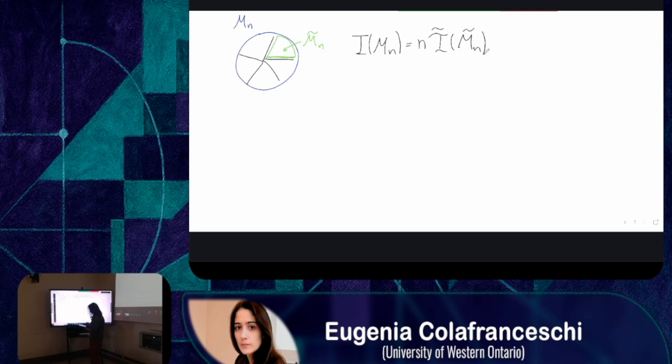But note the following: when we write the full action as n times some action for a single slice, this cannot actually be just the Einstein-Hilbert action. Why? Because the Einstein-Hilbert action is 1 over 16 pi G, then the integral of the square root of the determinant of the metric, times the Ricci scalar.